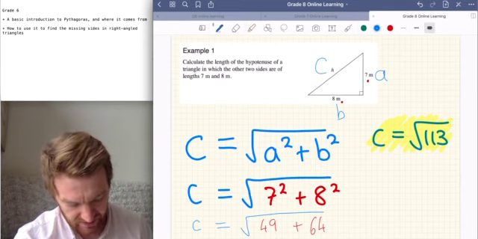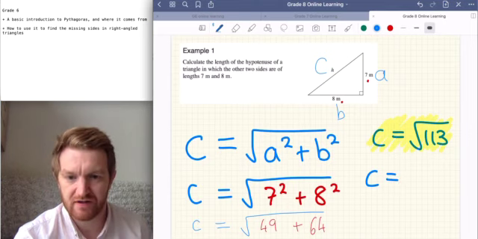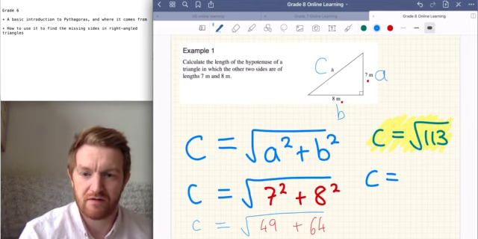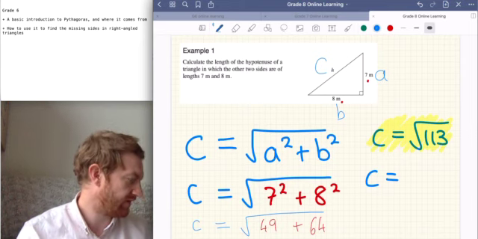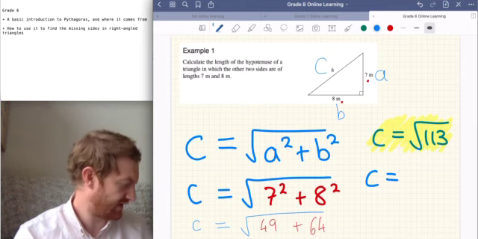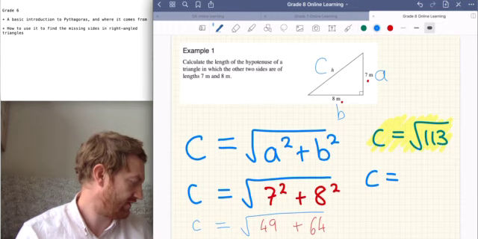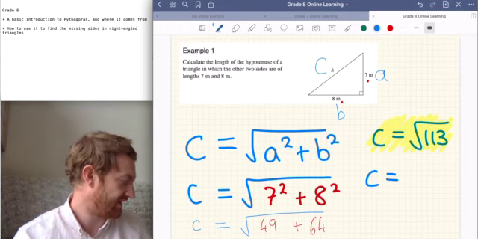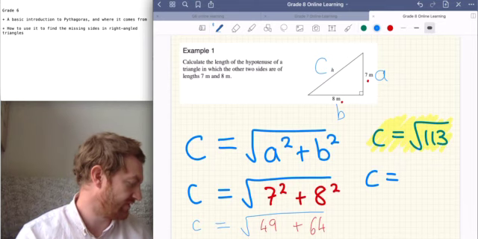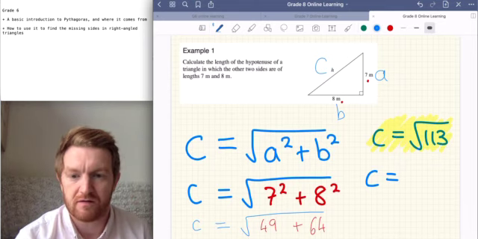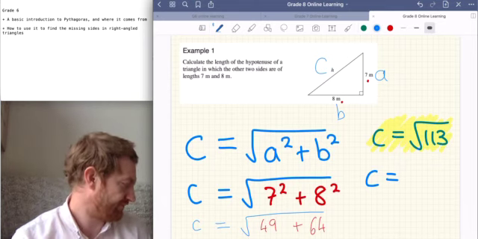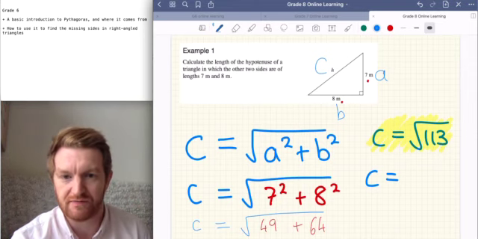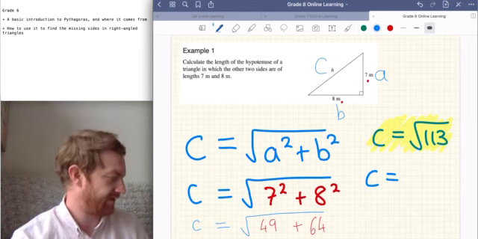Some questions will ask you to write it as a decimal, however, so you need to then use your calculator. For those of you who don't know, you can use your Spotlight search as a calculator, but it would be better to have an actual calculator or use one online. You do square root of 113 and it will give you a decimal value.